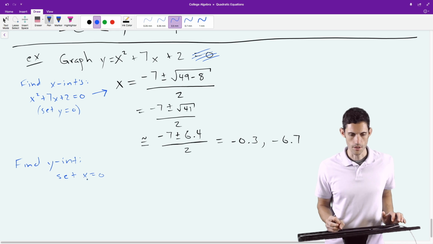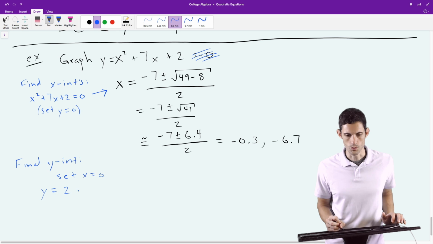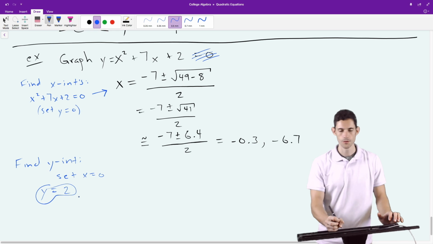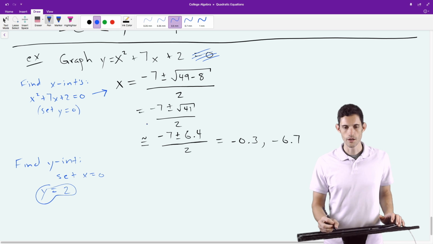To find the y-intercept, I set x equal to 0. So when I set x equal to 0, from the original equation, I have y equals 2. And I'm done. So I got the y-intercept, I've got the x-intercepts. And then I could definitely figure it out from there.